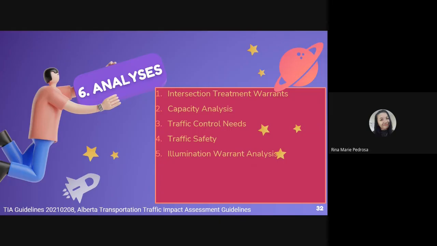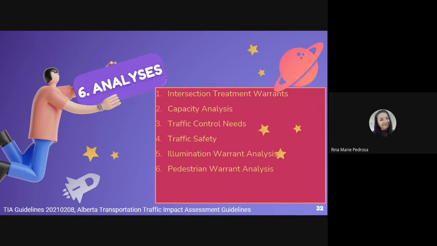Recommended illumination type should be stated in the report. In some cases, illumination may exist a couple of intersections over. If illumination is required at the studied intersection, infill lighting would be required between illuminated intersections. So that one's for lighting.